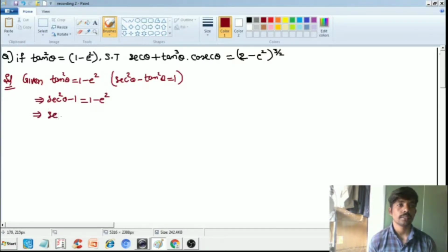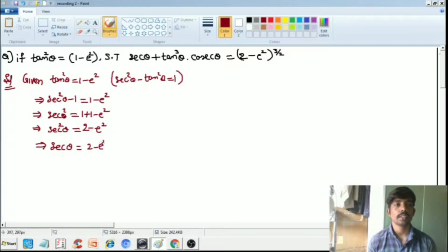Next, bring this minus 1 to the right hand side: secant square theta is equal to 1 plus 1 minus e square, so secant square theta is equal to 2 minus e square. Next, from secant square I can write secant theta is equal to 2 minus e square whole to the power of 1 by 2. We have secant theta is equal to this.